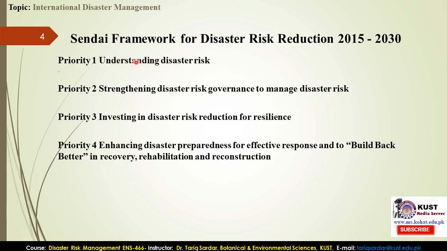So this priority was to understand disaster risk, and these factors were given priority for disaster risk reduction from 2015 to 2030. Up next, the second priority was to strengthen disaster risk governance to manage disaster risk.